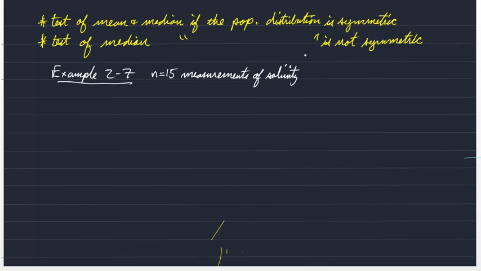And the question being asked is whether the central value of the population sampled has a mean greater than or equal to some known value, some test value.